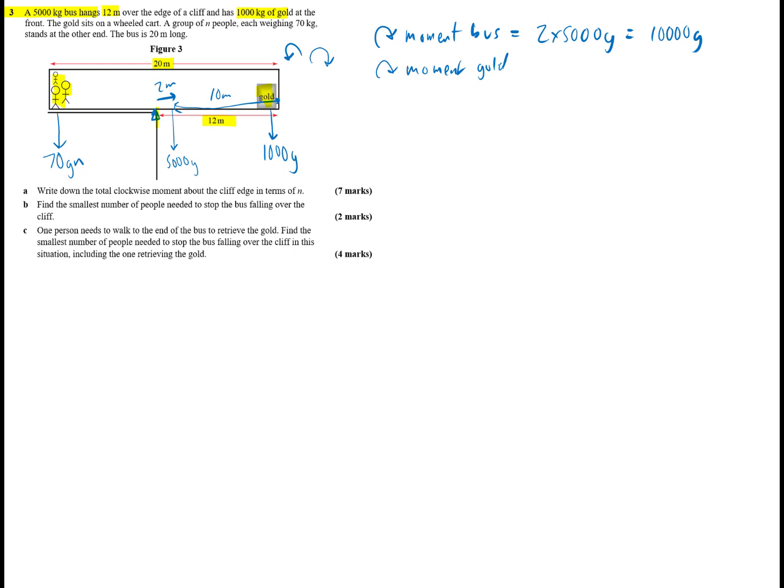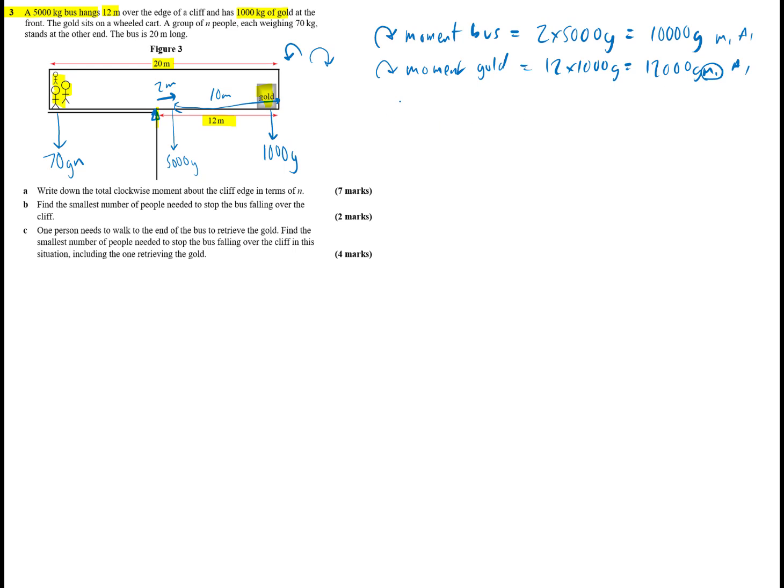We know that's 12 meters, so that's 12 times 1,000g equals 12,000g. And actually that's a method and answer mark here. That's a method mark, not to do with the question.